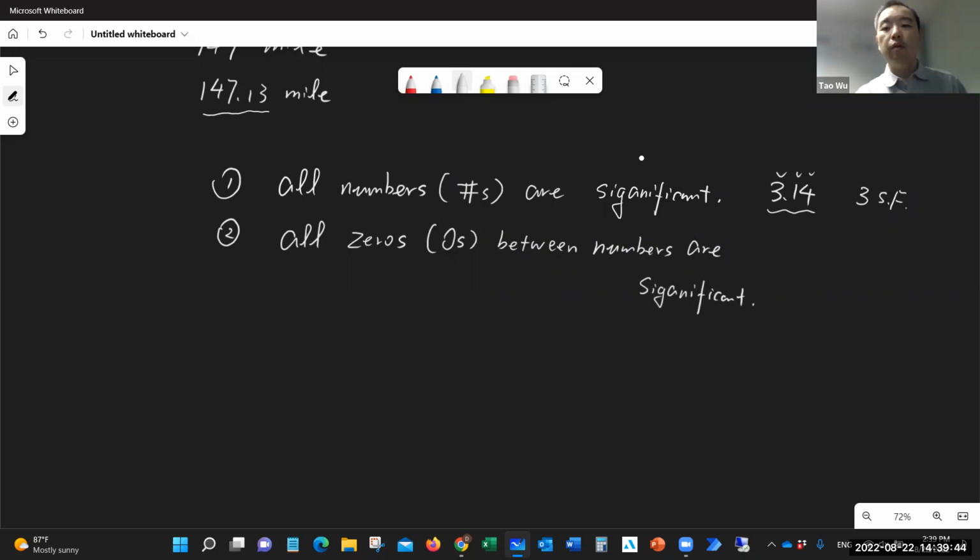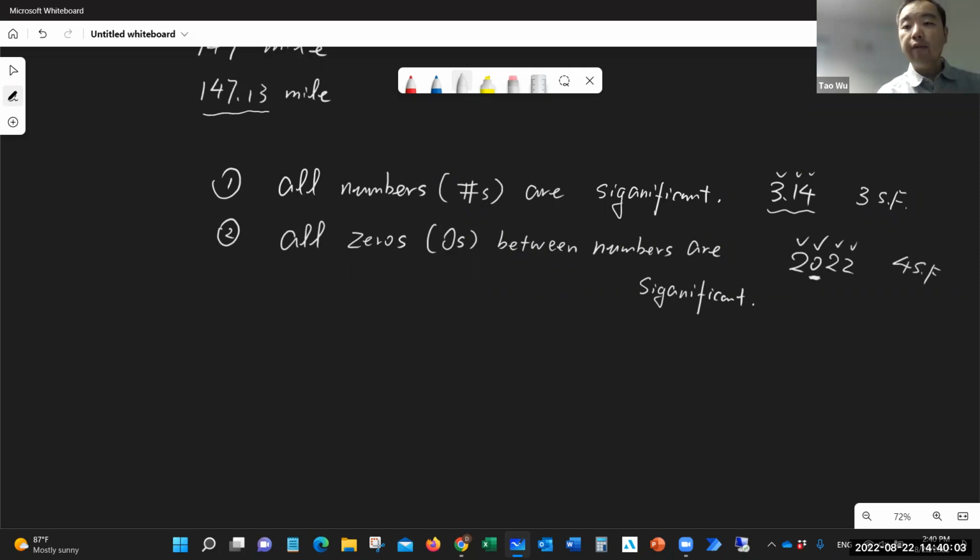Okay, so for example, we have 2022. So 2022, this 0 is in between the numbers. So this also counts as a sig fig, and all the numbers also count as sig figs. So this has 4 sig figs.